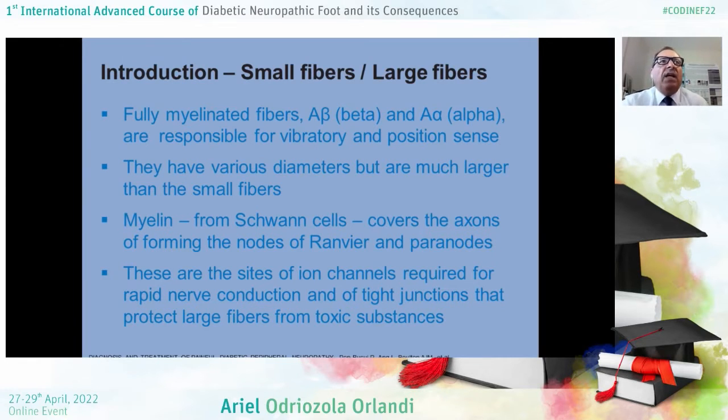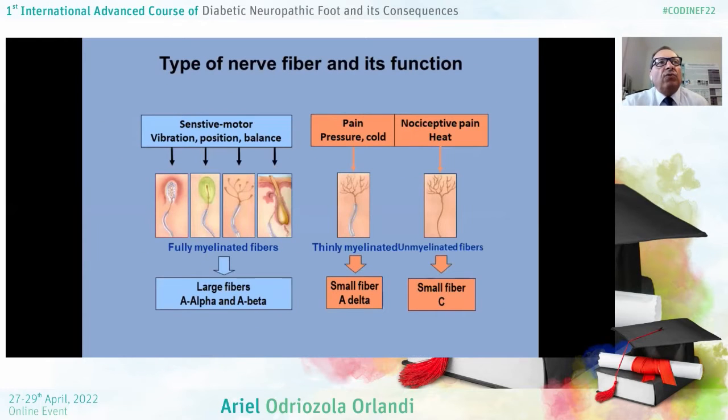In this image, I try to recreate the characteristics of their sensory functions determined by each of the receptors, and their myelination or its absence. As you can see, on the left of the screen are the fully myelinated fibers, and on the right, the thinly myelinated and unmyelinated fibers.